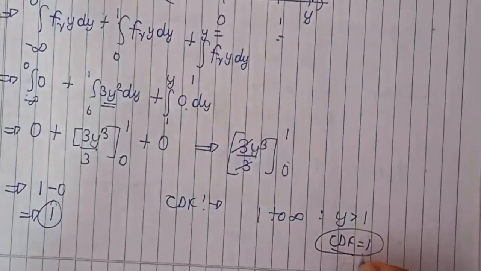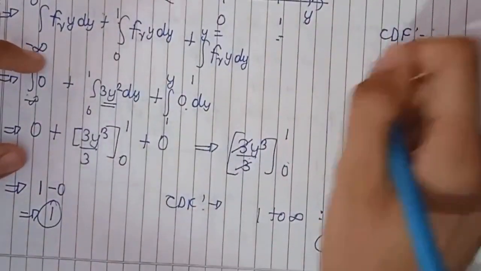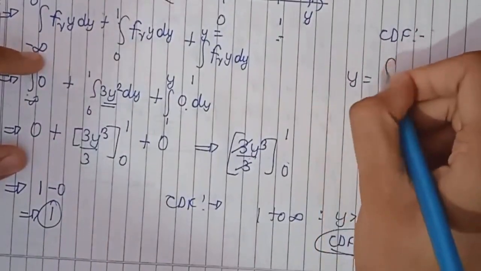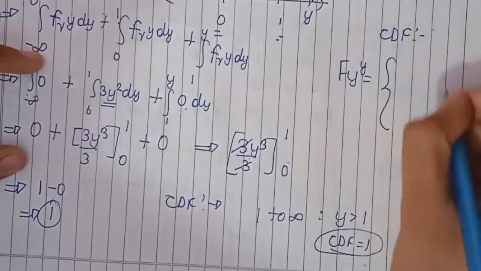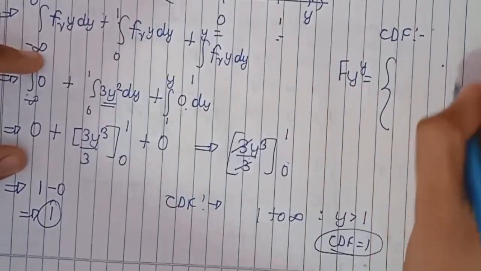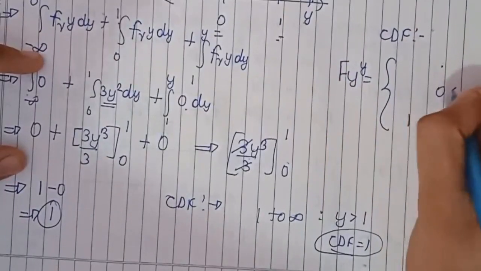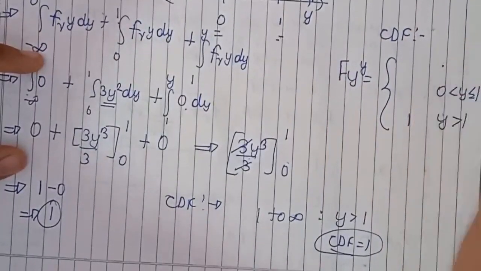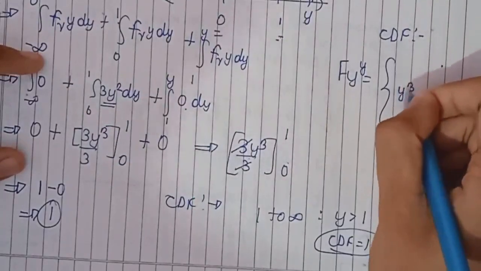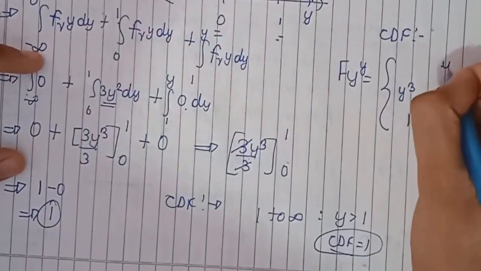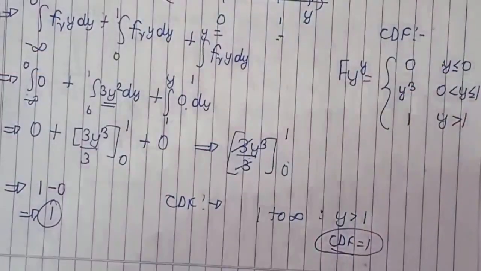So now using these different values, I can construct my CDF. For y greater than 1, the CDF value is 1, and for range 0 to y, the CDF value that we have got was y cube, and for the range y less than or equal to 0, the CDF value was equal to 0.